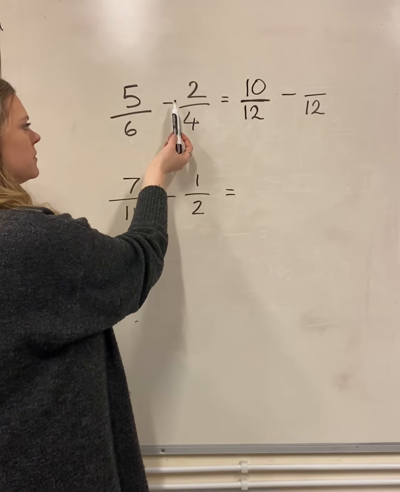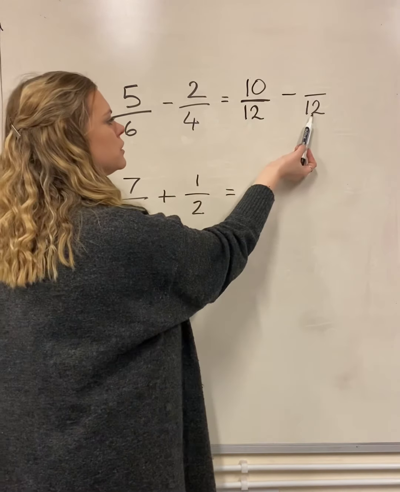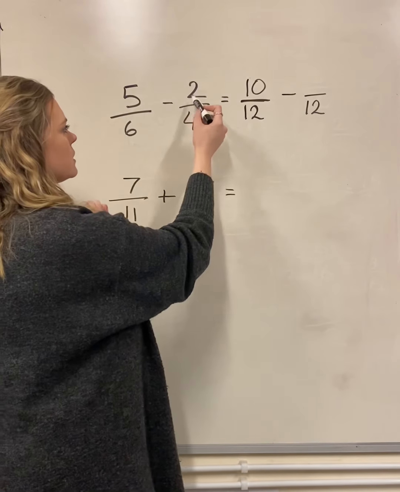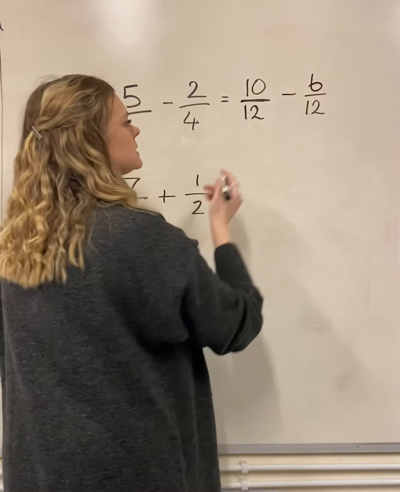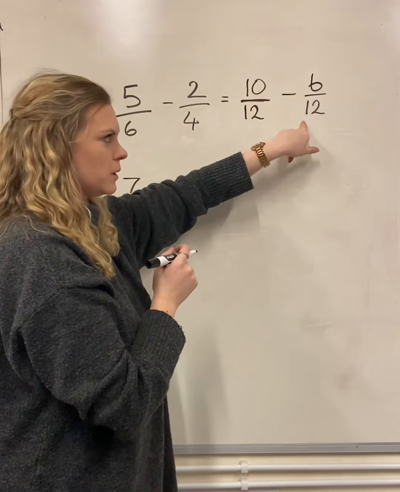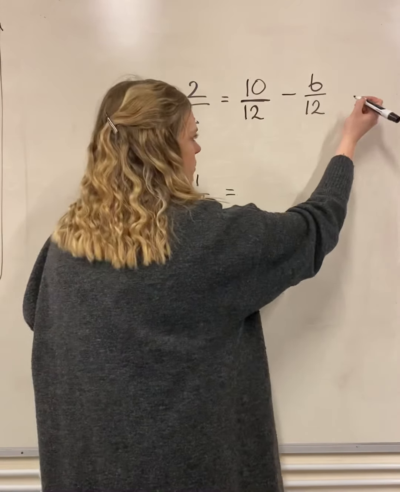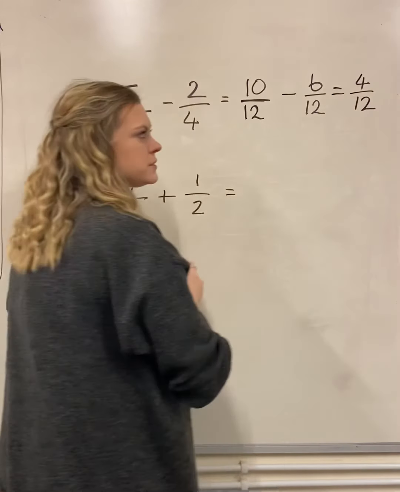I have then got my second fraction. How have I got from 4 to 12? I've times it by 3. So I'm going to times the top by 3. That would get me 6. So I've now got 10/12 take away 6/12. And 10 take away 6 equals 4/12.